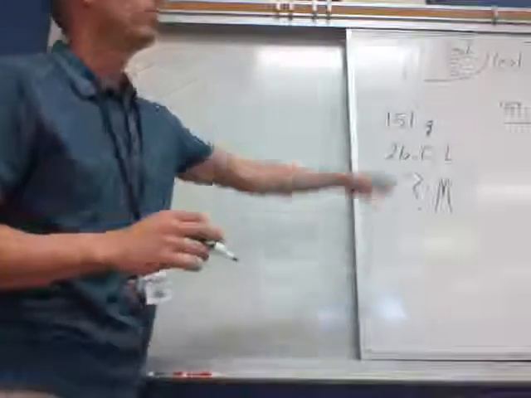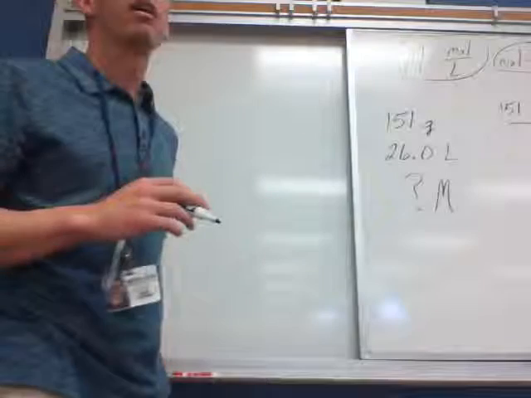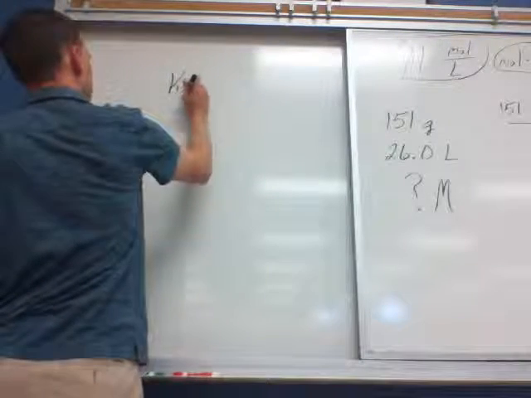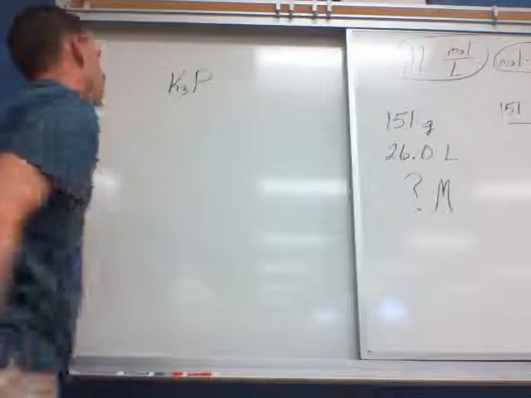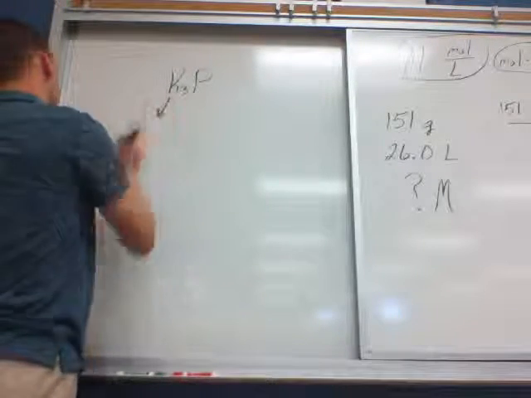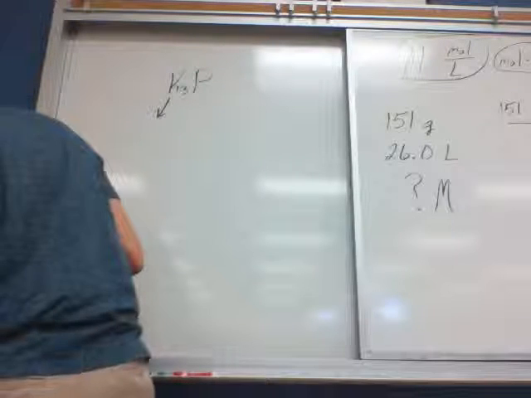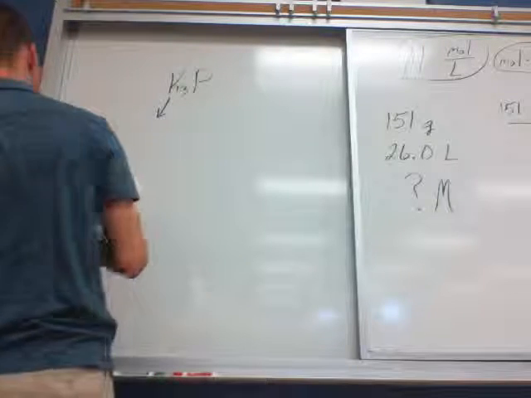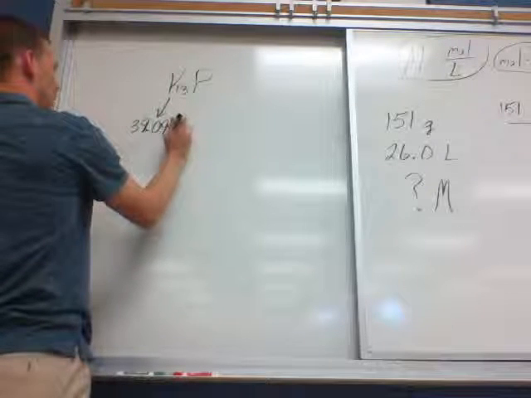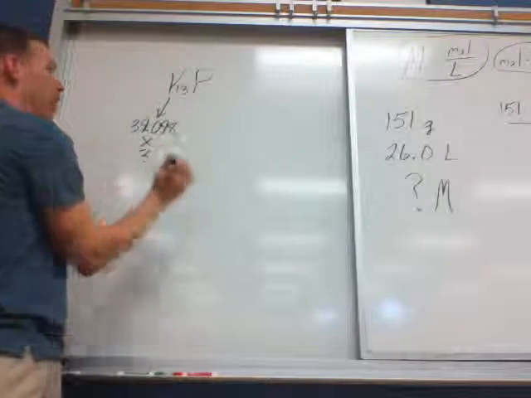All right. If you look at our problem, you'll see that we're dealing with potassium phosphide. So we've got potassium with a PT mass of 39.098. But there are 3 of them, right?